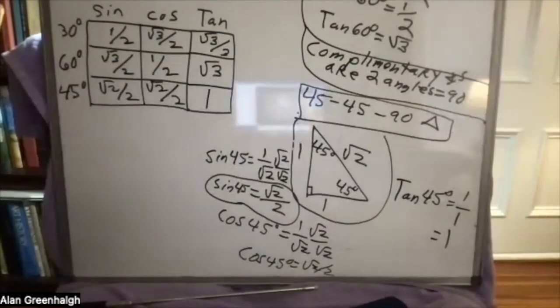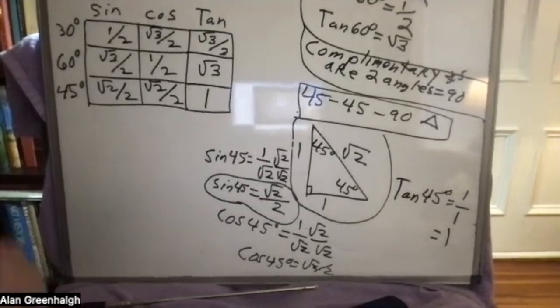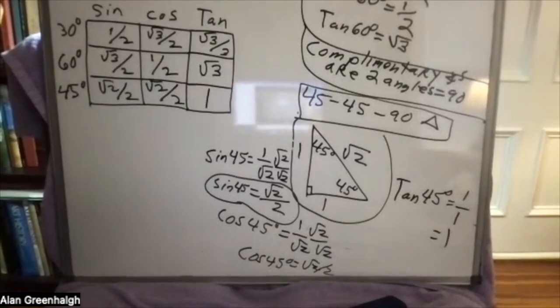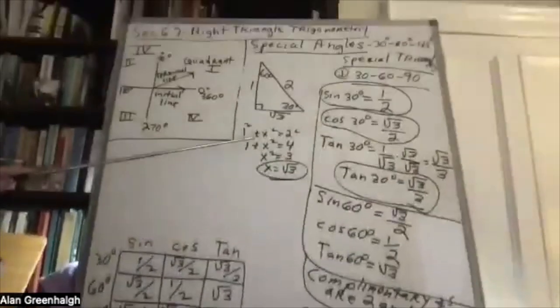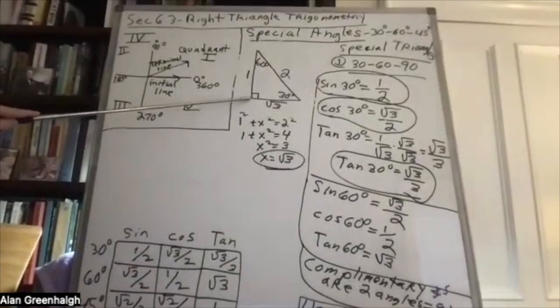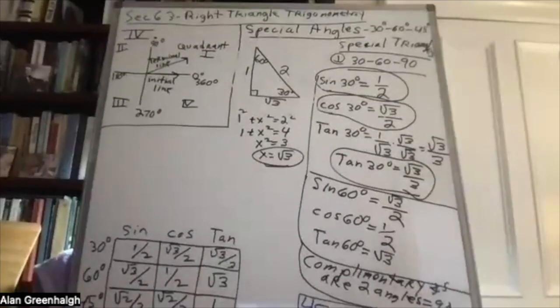Okay. Now, as I said, you have a choice. You could either derive the functions of the special angles, the way I did it up here, using the 30, 60, 90 triangle, or you could simply memorize this chart.